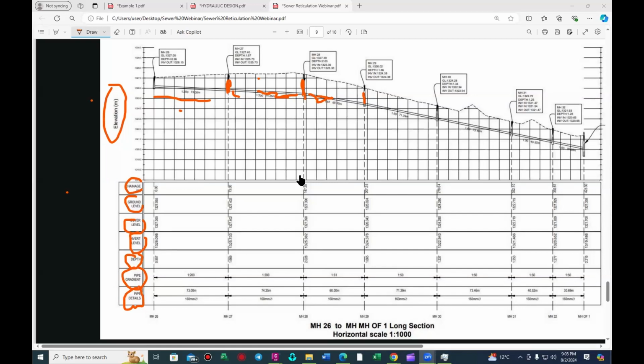Then you do an iterative process until you have an optimum slope that gives you a cleansing velocity, and at the same time, it's not too deep for your trenching. So this data, you come up with it yourself. That's the whole sense of design.